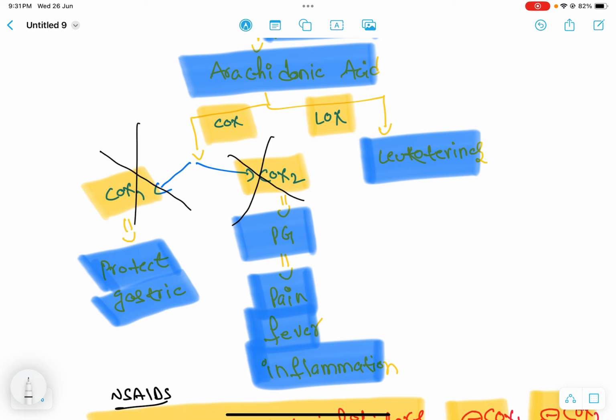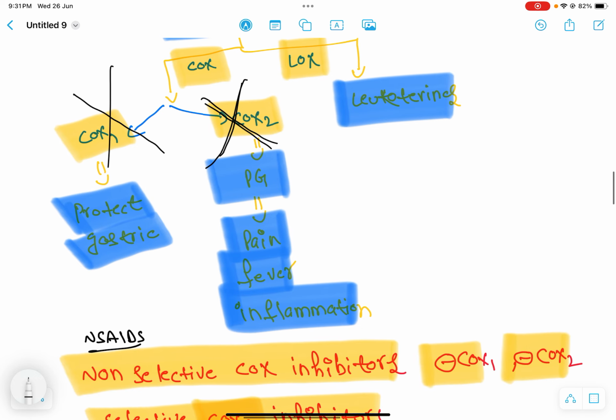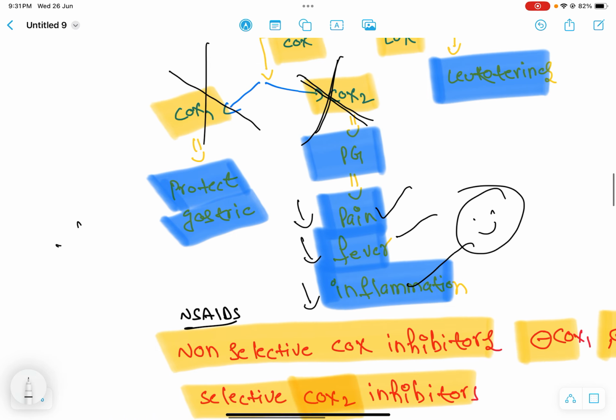By inactivating COX-2, we are getting relief from the pain, that is decrease in the fever, decrease in the pain, decrease in the inflammation. This is a very good thing, but the bad thing is that it is not protecting the stomach.